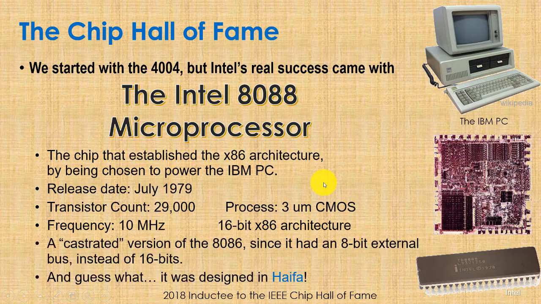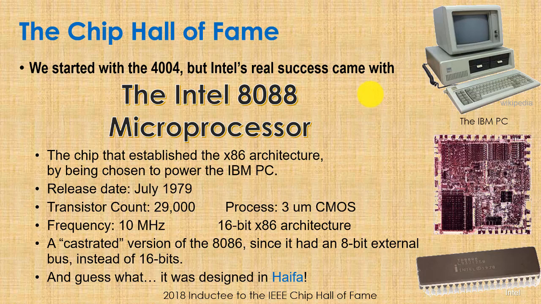But it's very interesting because the better chip that they put out was the earlier 8086, and that's why it's the x86 architecture, because this is the architecture that was built for the 8086. But there was a problem: they wanted to make the IBM PC a cheap computer, and most of the other chips around worked on an 8-bit bus. So they had to take the 8086, which was 16 bits, and remove the external 8-bit outputs.